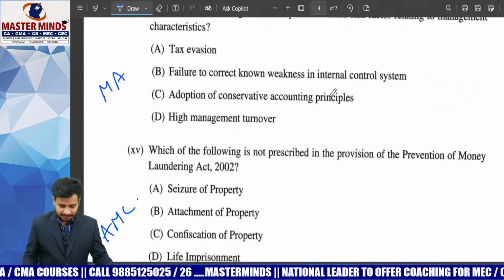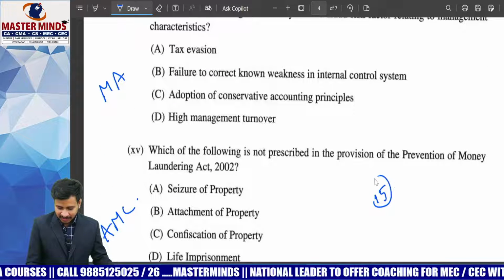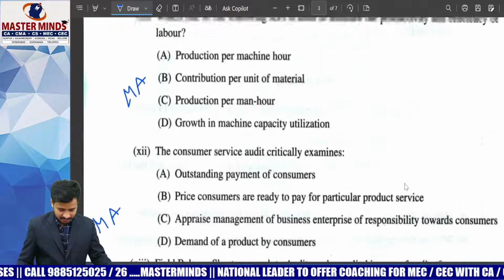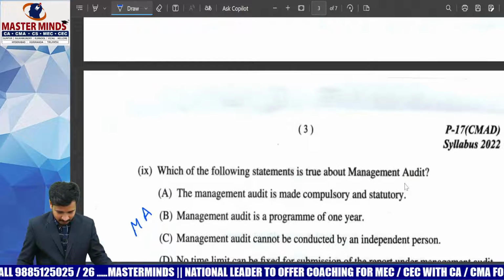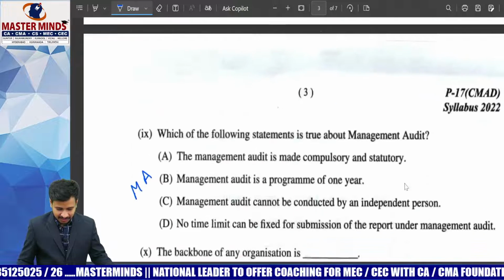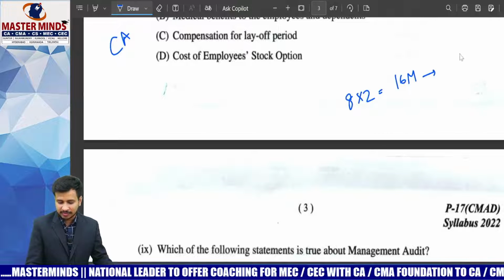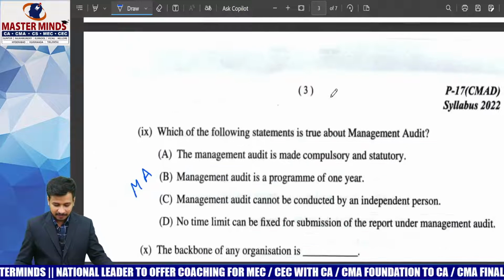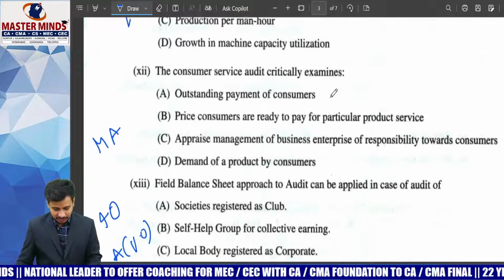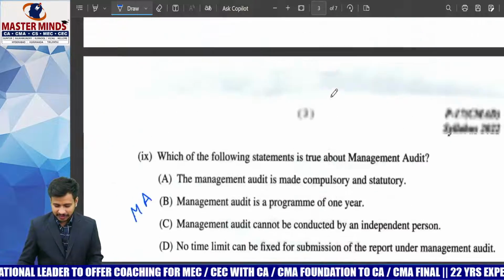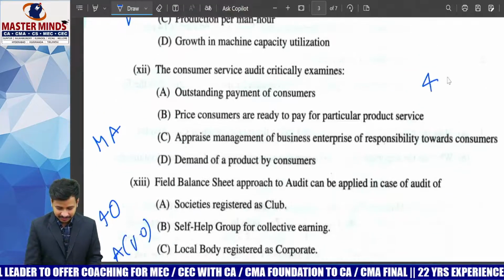Just check out. In total you were questioned with 15 questions, of which up to question number 8, at 2 marks each, which is like 16 marks, is only from cost audit. More than half. On management audit, 1, 2, 3, 4 questions are from management audit.